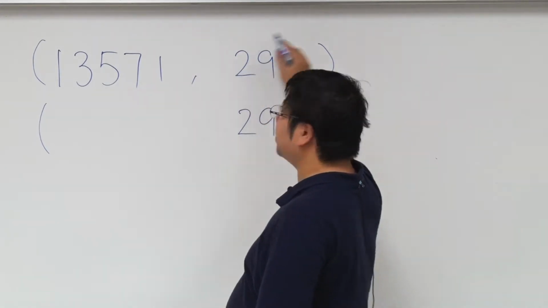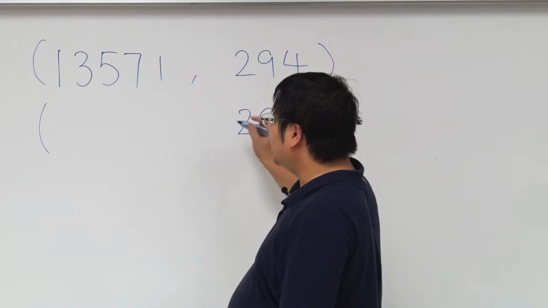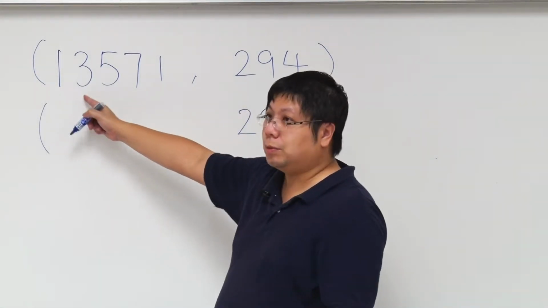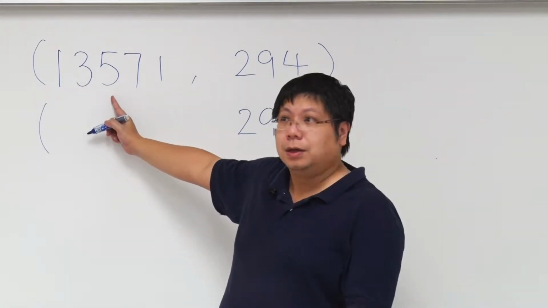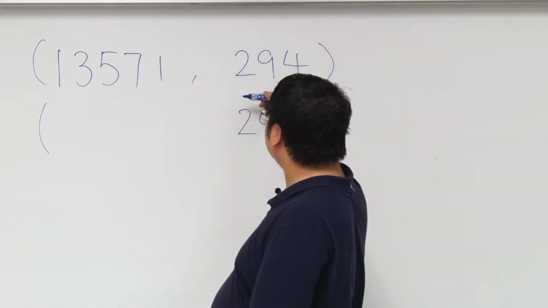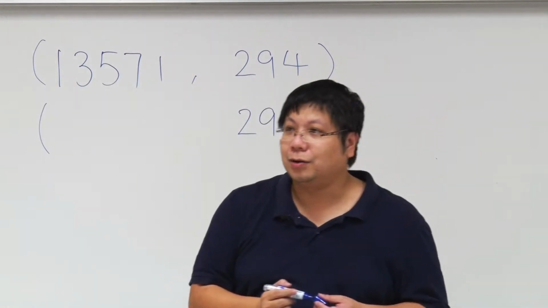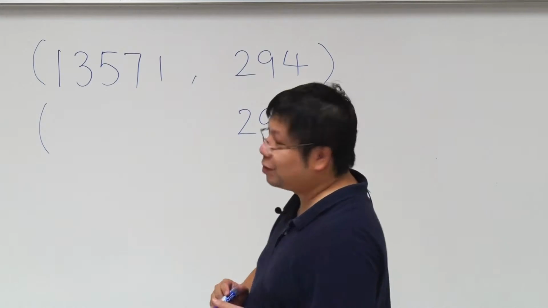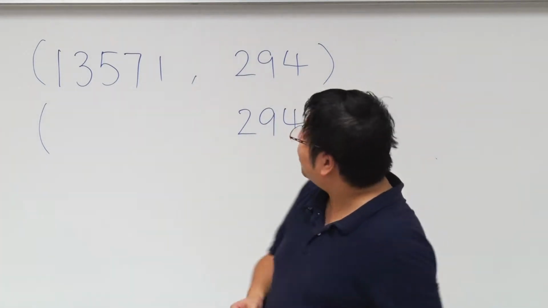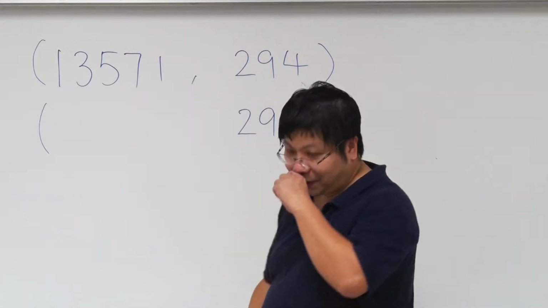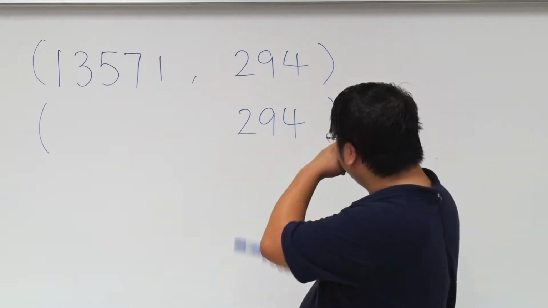So this is a smaller number, right? And we don't need this large number. We just try to divide this number by 294 and then get the remainder. Let's multiply 294 by 3 times or 4 times. Yeah, I guess we can make it 4 times.